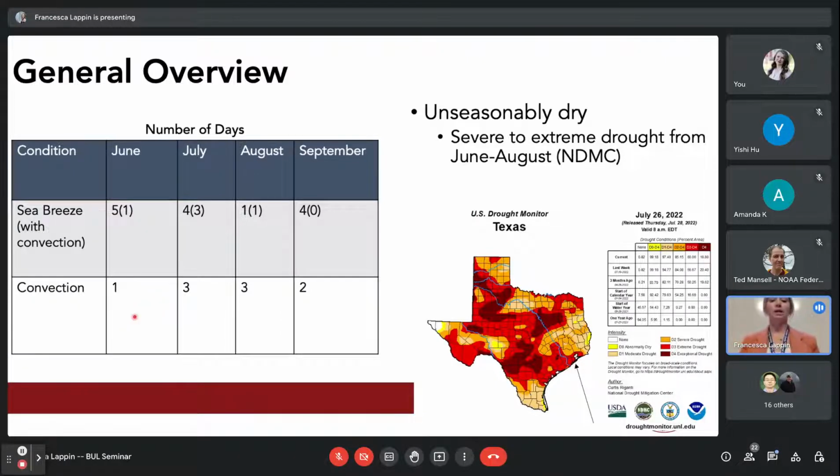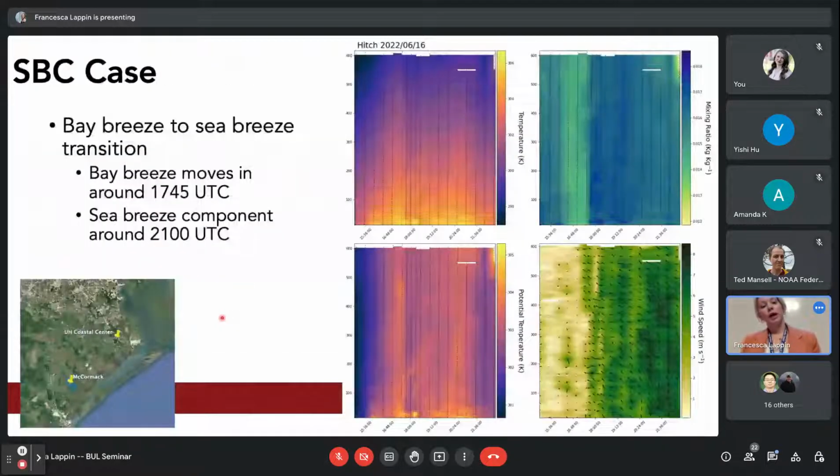Where you could see in June, not much convection at all, just one day with a very small pop-up thunderstorm, versus July and August, where there were a few more, but still 3 out of potential 14 days is not a huge sum. But we will first look at just a case from a sea breeze day.